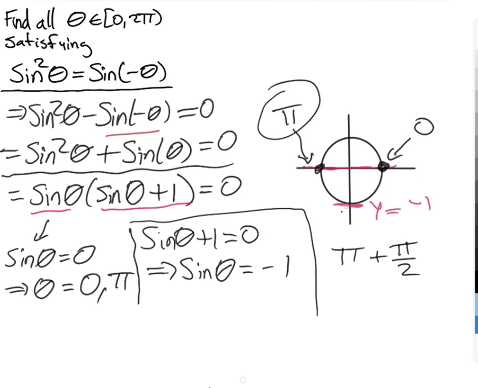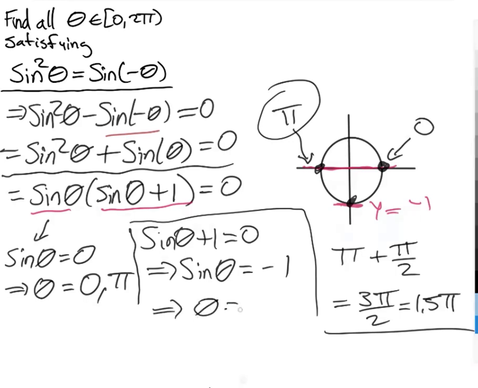And that will bring us down here. Simplifying this, we find that pi plus pi over 2 is 3 pi over 2, which is the same thing as 1.5 pi rotations. So sine of theta equals -1 implies that theta is equal to 3 pi over 2.